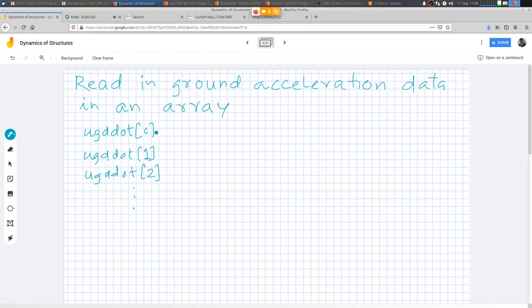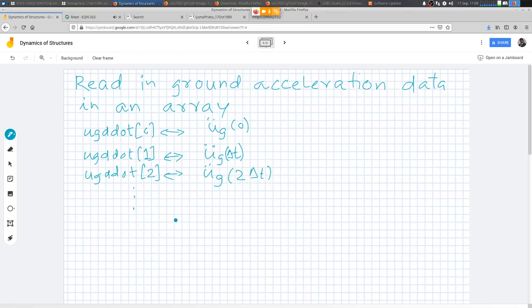So this corresponds to UG double dot at time t equal to 0. This corresponds to UG double dot at time delta t. This corresponds to UG double dot at time 2 times delta t, and so on.